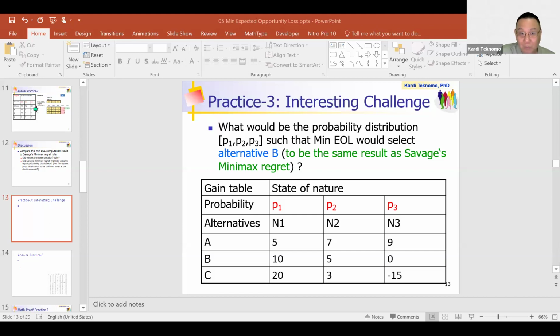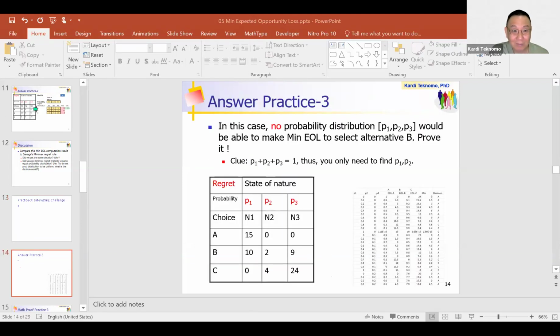You want to get alternative P, the one that Savage minimax regret selects. Can you get that? Apparently it is not possible. No probability distribution of P1, P2, P3 would make the minimum EOL select alternative P.